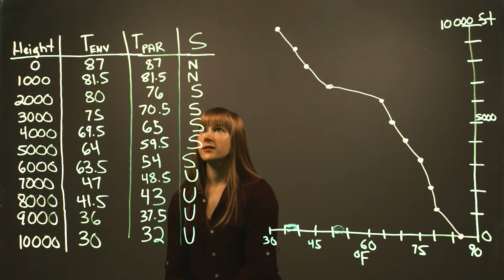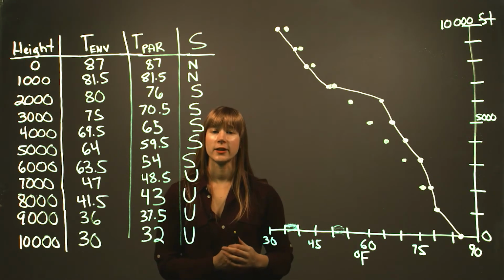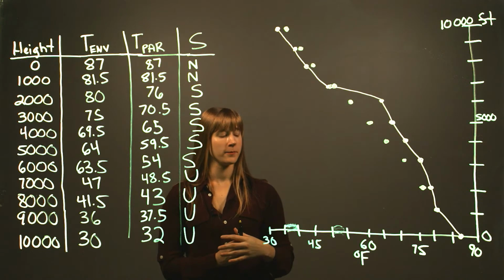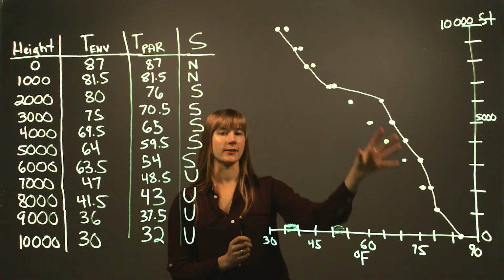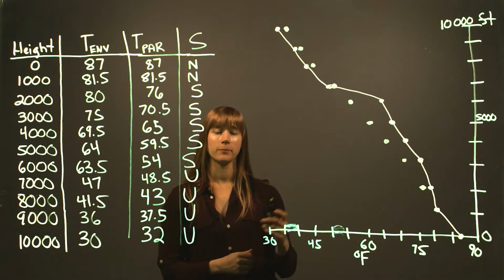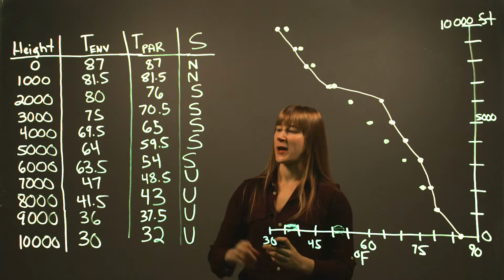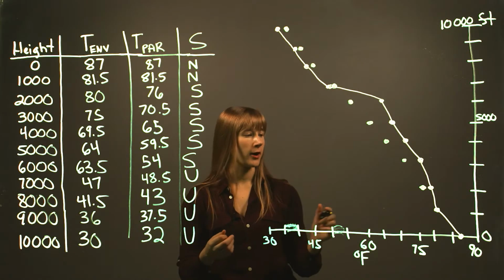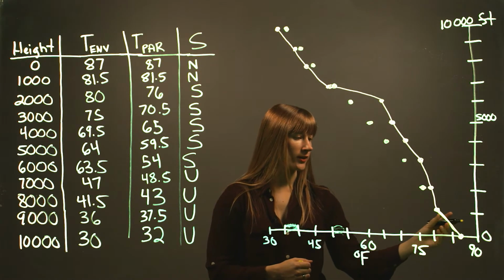Now, I can do the same for my air parcel. So, I've done the same thing for the air parcel. Again, forgive any misplacements. It's a little difficult to read at an angle. So, all of these yellow points, those correspond to the temperature of my air parcel. So, I can also connect those points.